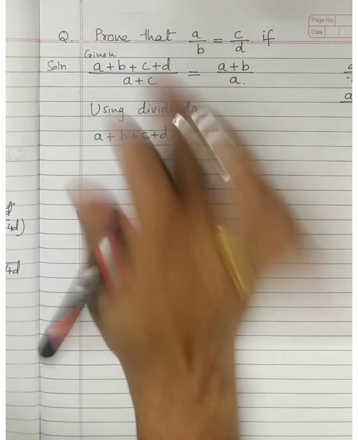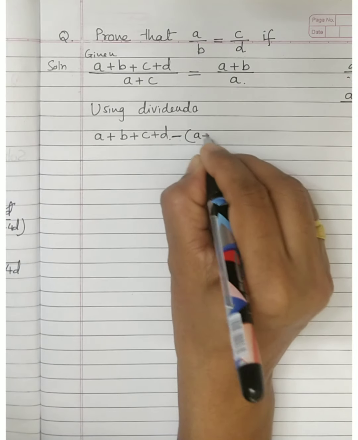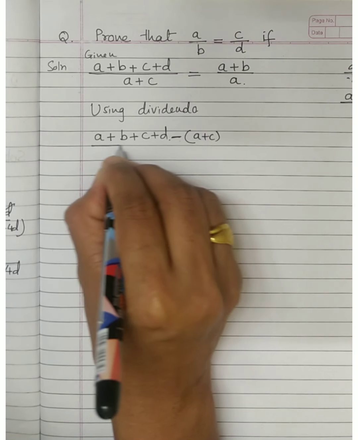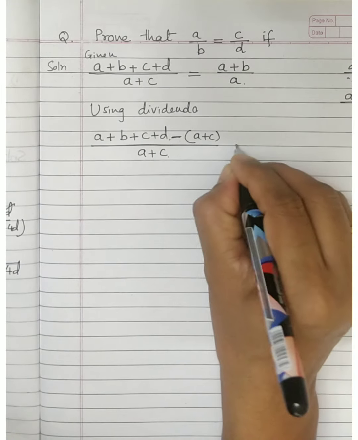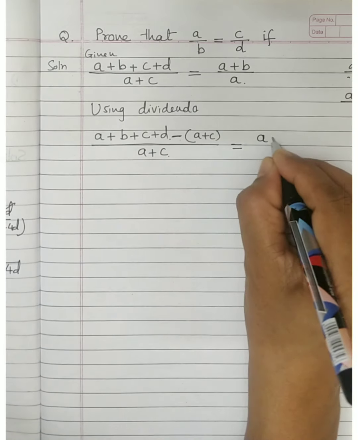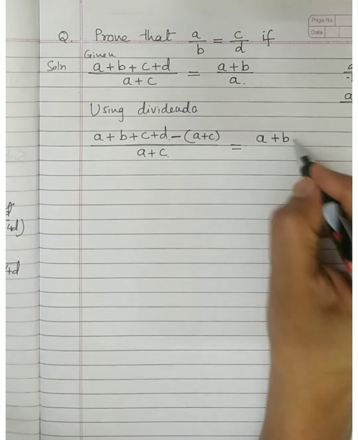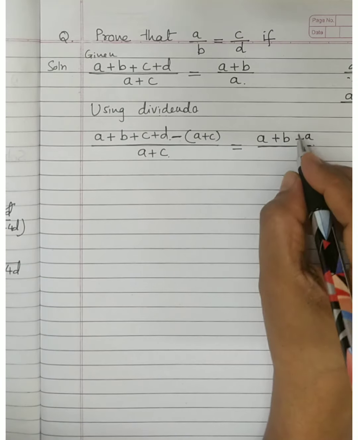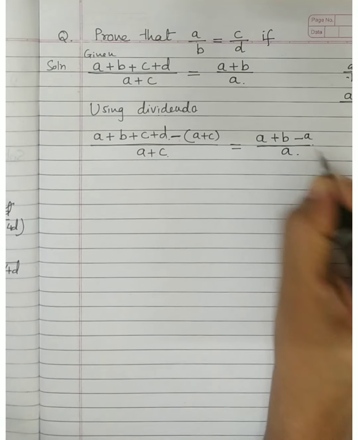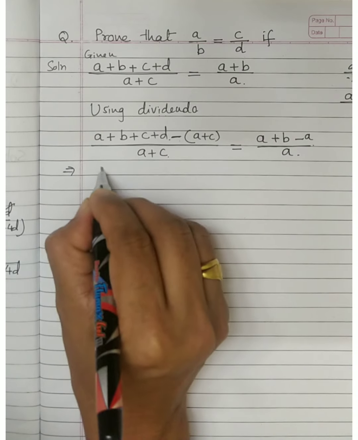I am doing a binomial, so I am putting a bracket. Upon A plus C as it is. And here A plus B minus A upon A. See, I have not used the combination. I have used only dividendo here upon A. Now open the bracket.